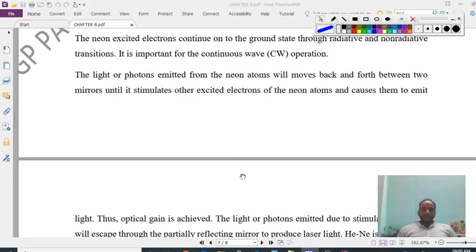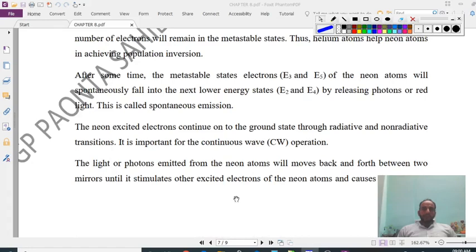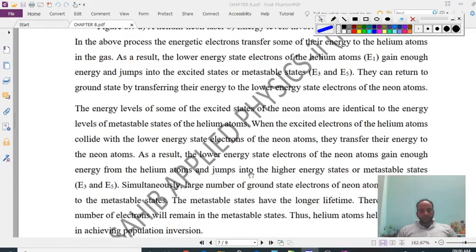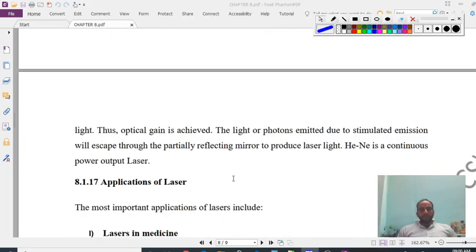The main disadvantage of this laser is that high voltage is required, and with the passage of time, this helium neon gas mixture becomes inefficient. So other types of lasers were also invented. These are semiconductor lasers, which are more efficient than ruby and helium neon lasers.